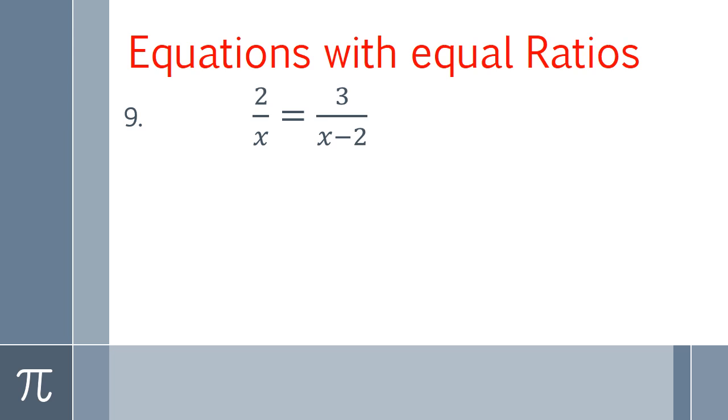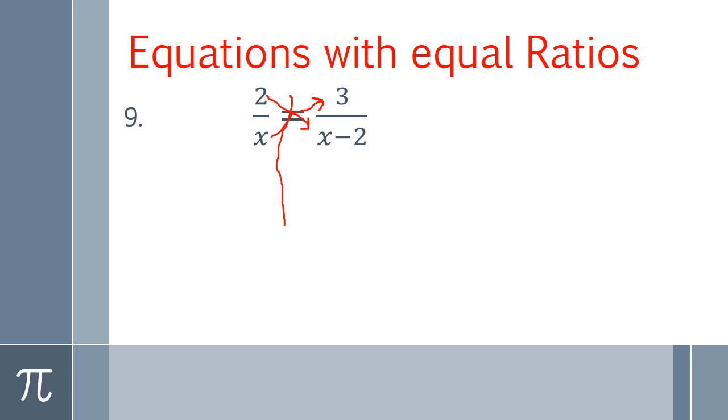And cross multiplying is basically multiplying across the equal sign that we have. That's why we're allowed to do cross multiplying. We're going to have to multiply the 2 by x minus 2 and multiply x by 3.